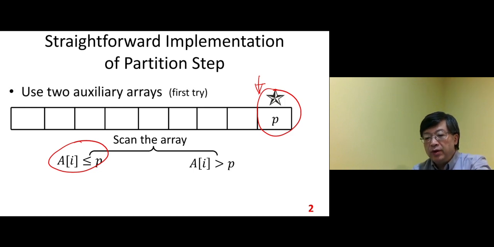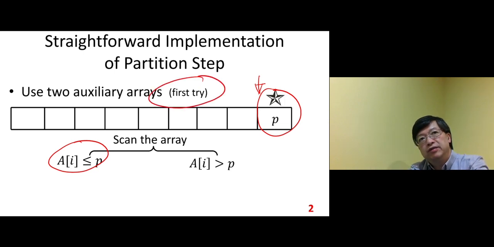When we have that information, we can arrange these elements in two different auxiliary arrays. That's our first try, so we're allowed to use some redundancy.